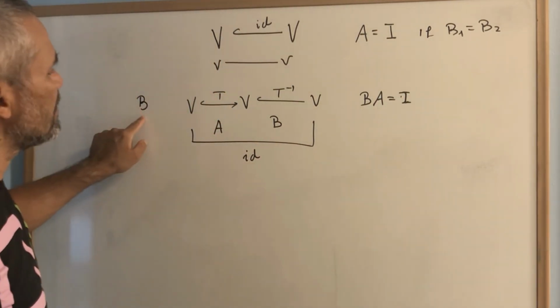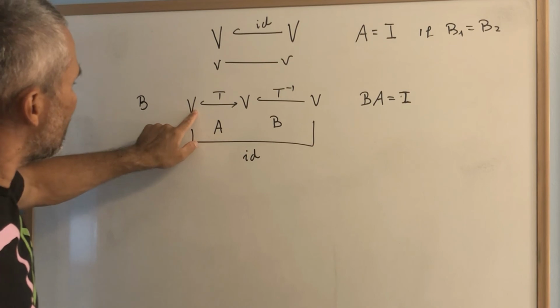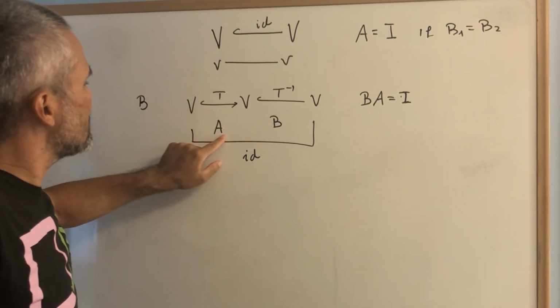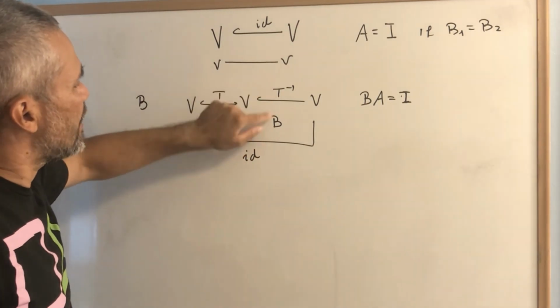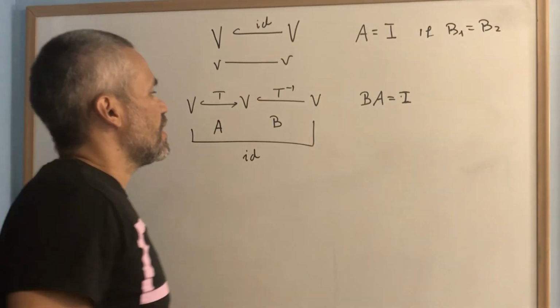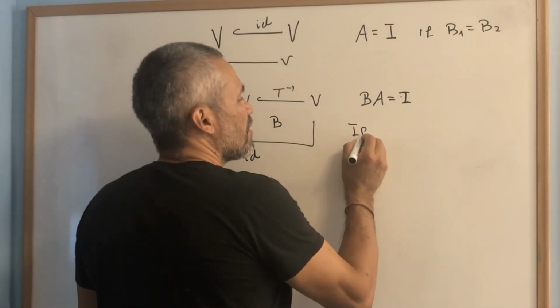Then essentially what I'm pointing out is that we have a linear transformation, and that linear transformation has an inverse. Then the representation of the inverse is just the inverse of this matrix. Then let me write it down.